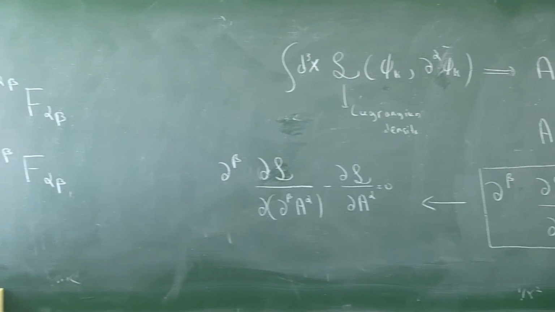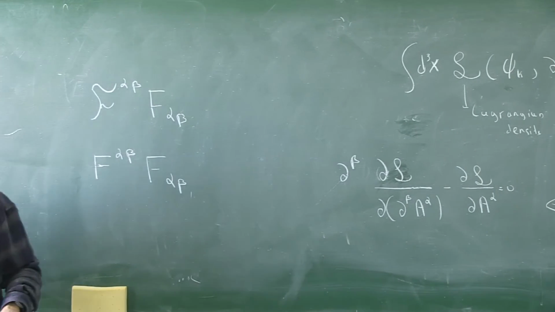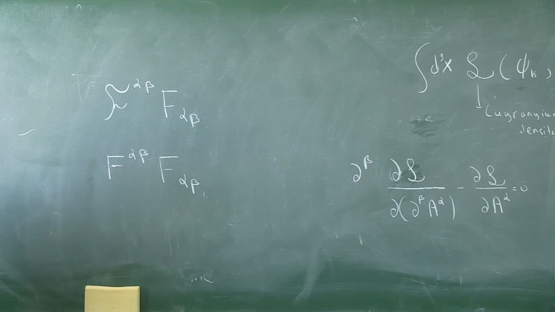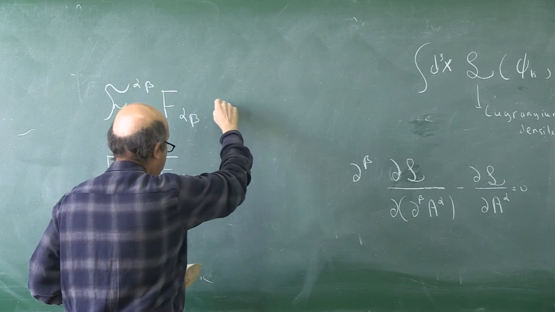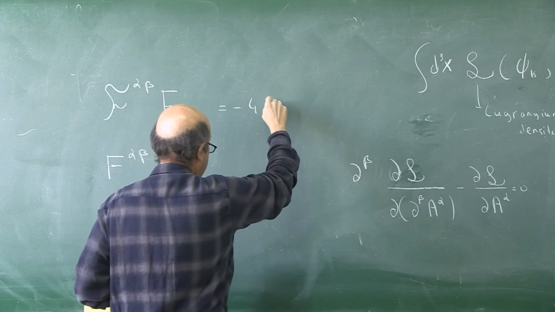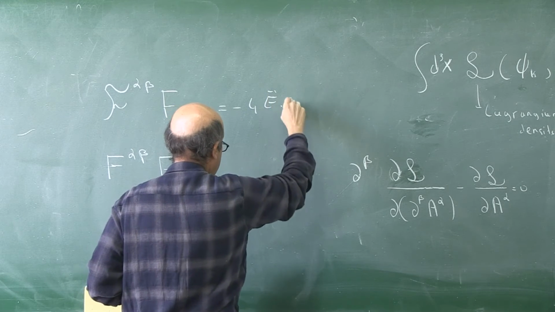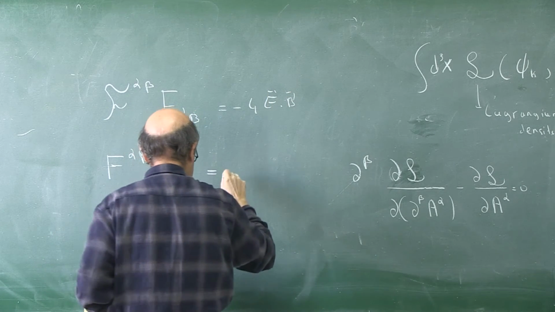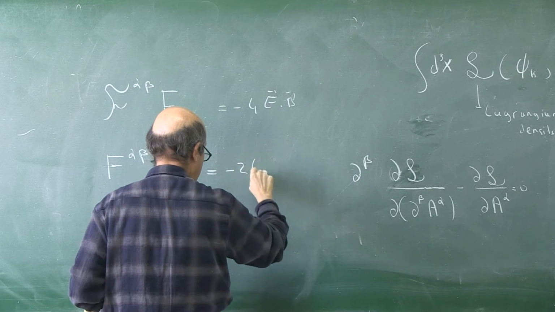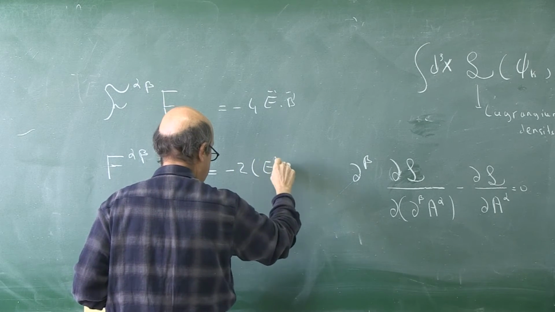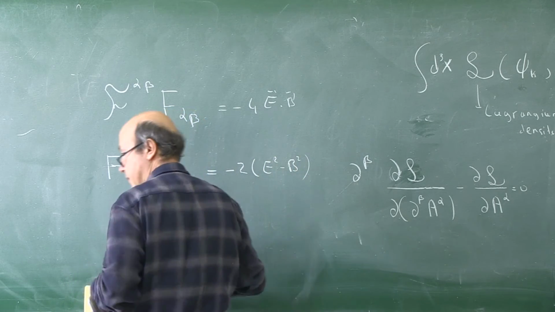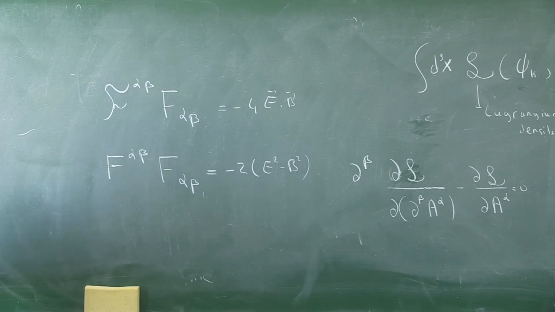Did you do this example? So basically you obtain scalars in both cases. One of them was minus 4 E dot B, and the other is minus 2 (E square minus B square). Okay?